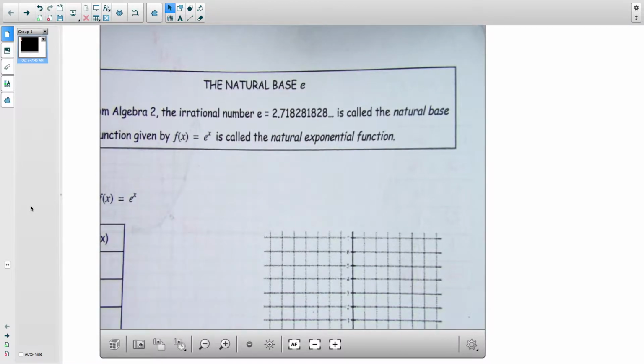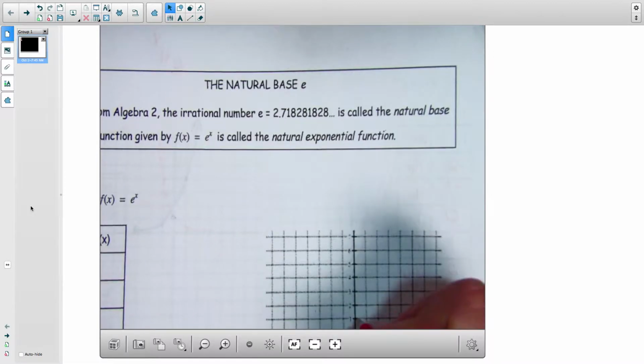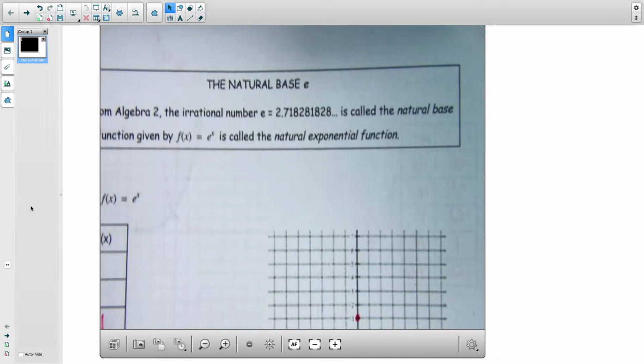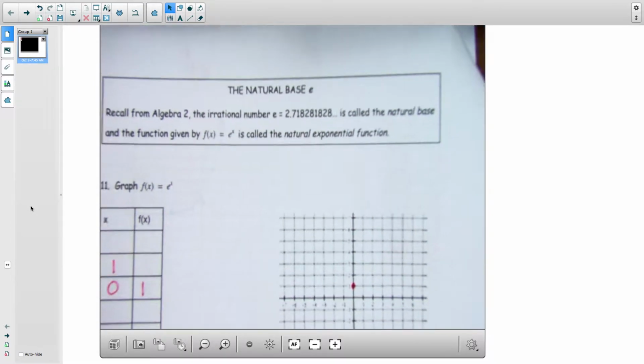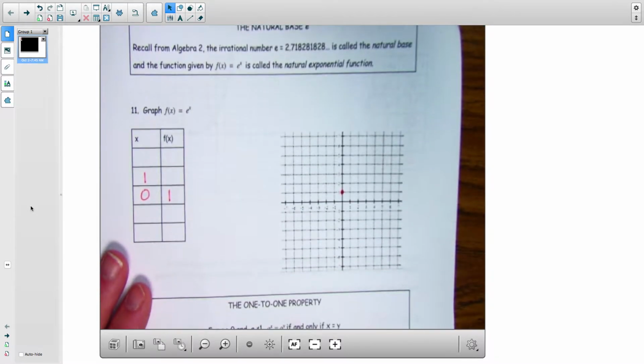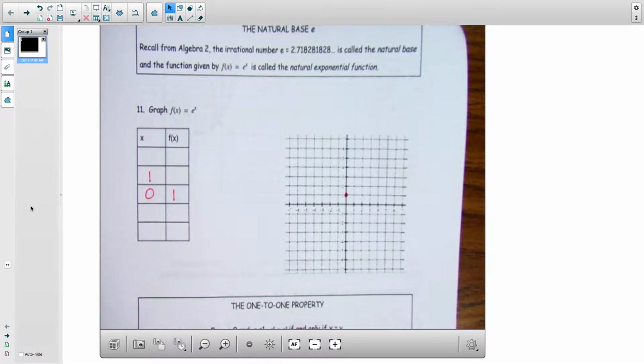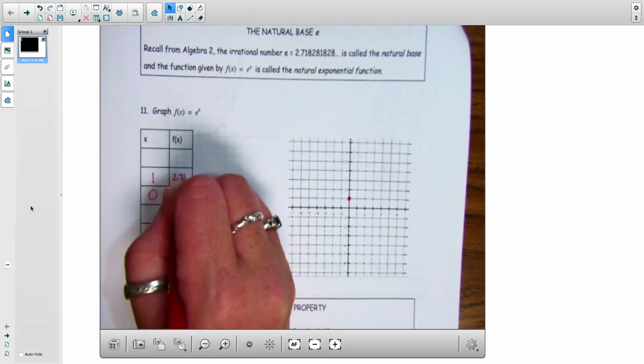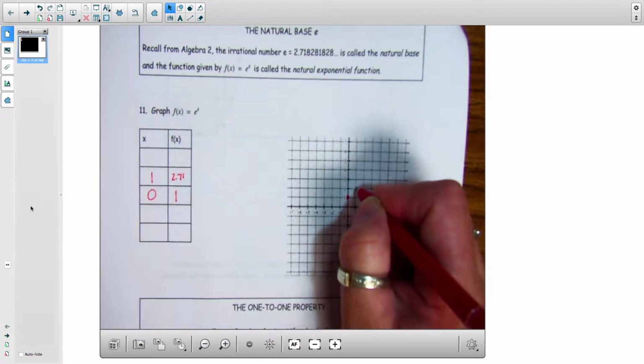Well, when x is 0, what's my function? y is 1. When x is 1, what do we have? e, 2.7, which is 2.71. So go over 1, go up 2 a little bit more.